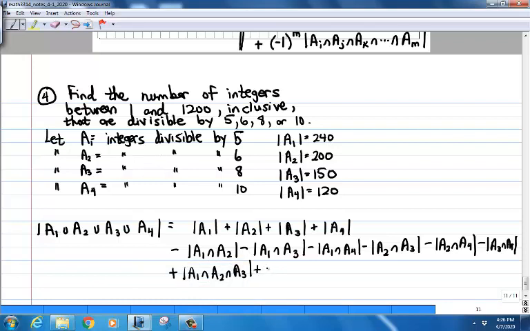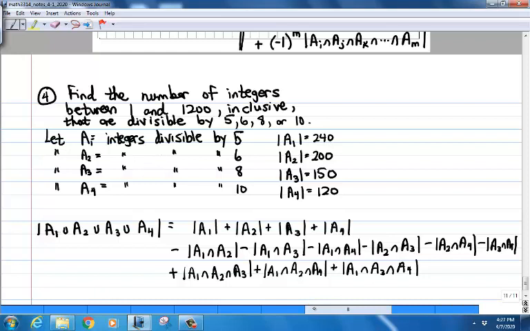So let's see, I can have A1 intersect A2 intersect A3. I can have A1 intersect A2 intersect A4. And then what else? A1 intersect A3 intersect A4.